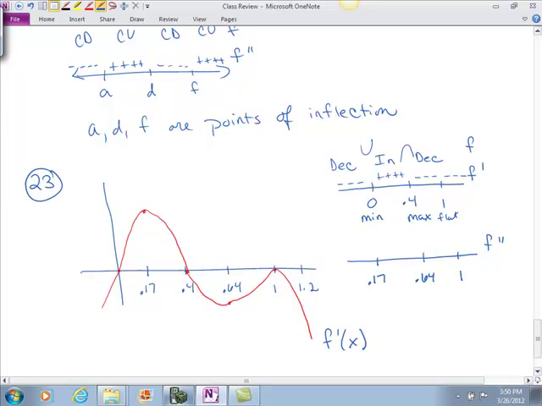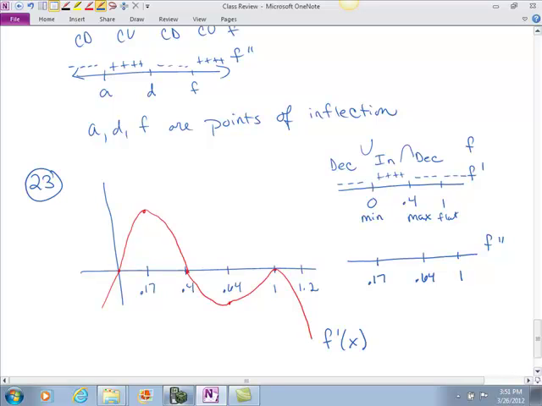To decide whether the second derivative is positive or negative, since we have a graph of the first derivative: if the second derivative is positive, the graph of the first derivative must be increasing there, and if the second derivative is negative, the graph of the first derivative will be decreasing.